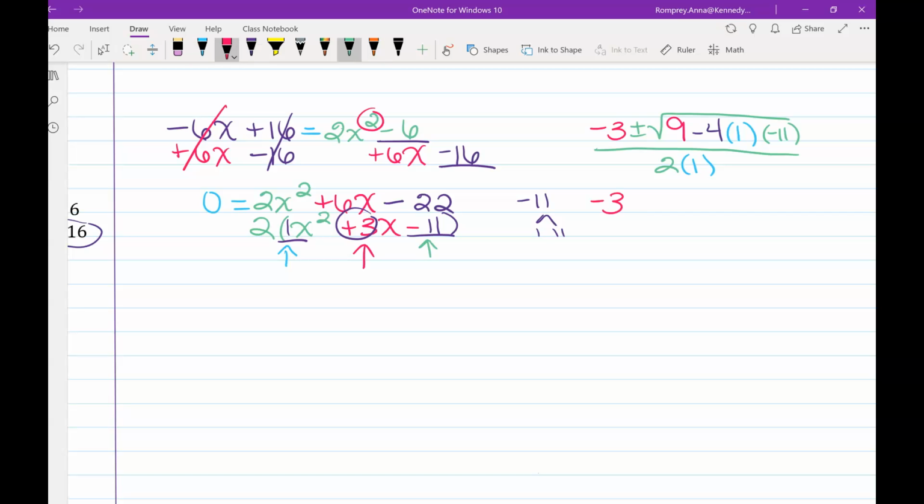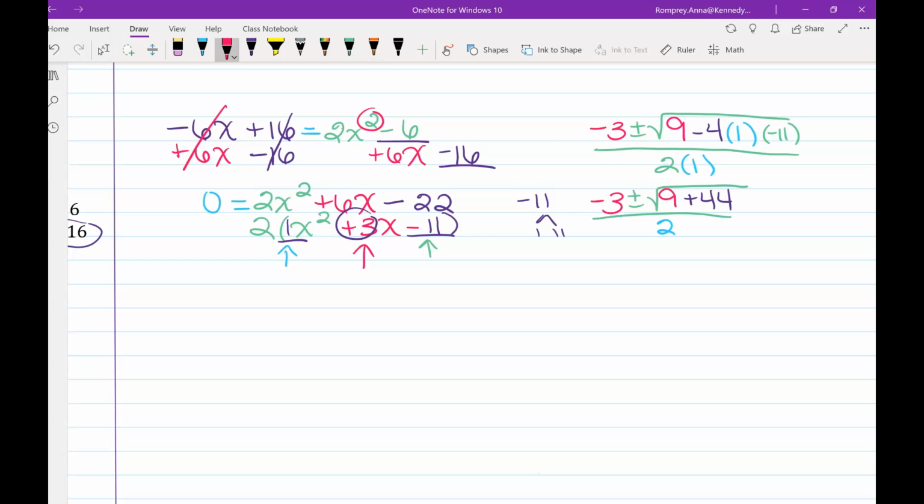So negative 3 plus or minus the square root of 9, and I have negative 4 times 1 is negative 4 times negative 11, positive 44. So 9 plus 44, all over 2.